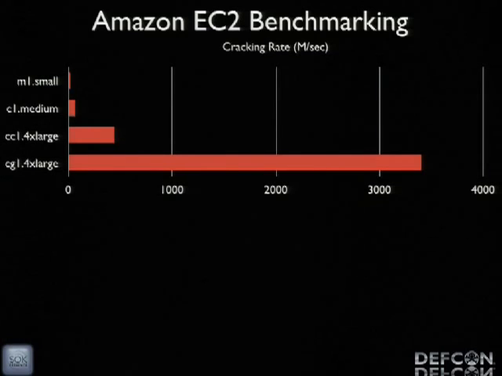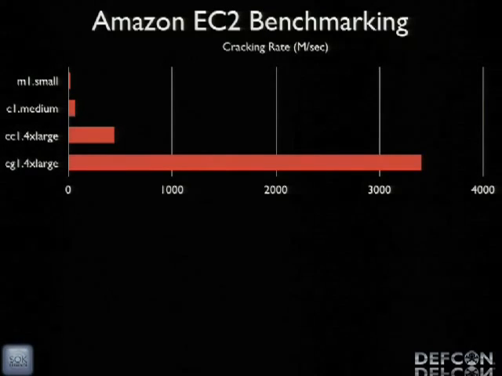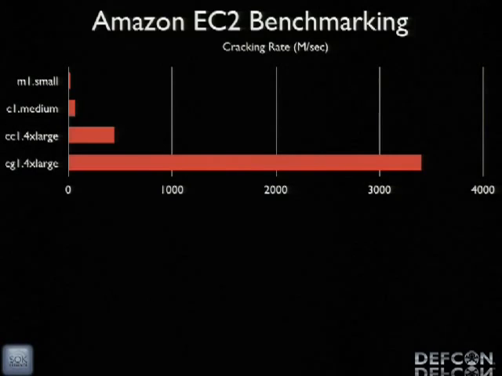Also, I was getting, I believe, around 400 million NTLM per second using the host CPU of the CG1 instance, because it does have a quite powerful processor on it. So these are the numbers that I got. Roughly 3.4 billion NTLM per second on the GPU cluster instance. Well, this is all well and good, but how much does it cost? Because most of us aren't made of money.